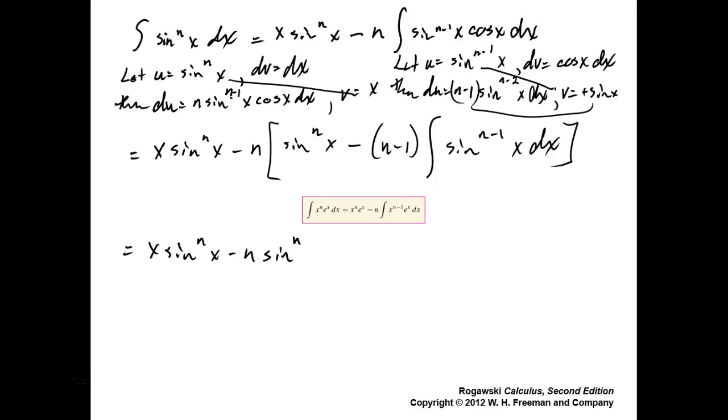Okay, what cosine? dv equals cosine x dx. When you find out what v is, you get sine x. Then you do these two, and that's on the outside, and this is on the inside. Not this, these. So you only got sines there.